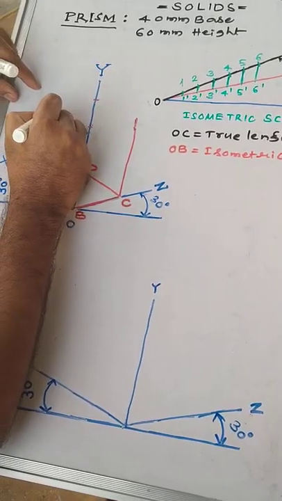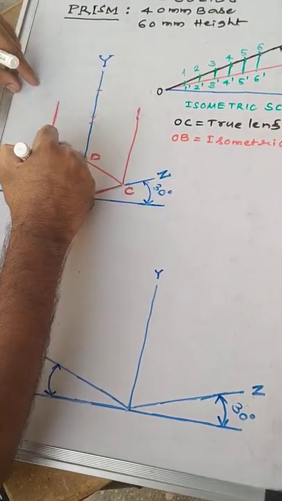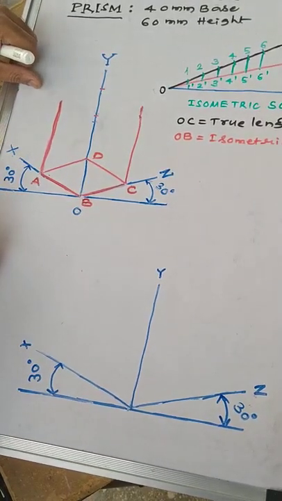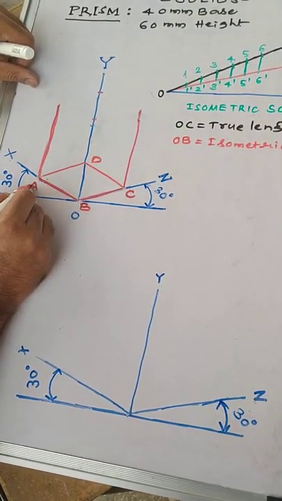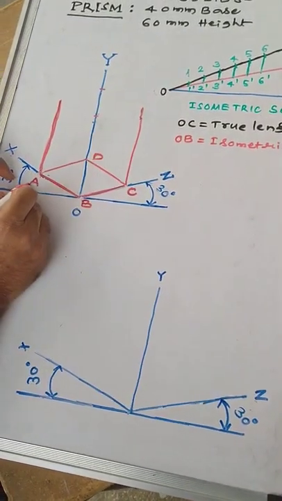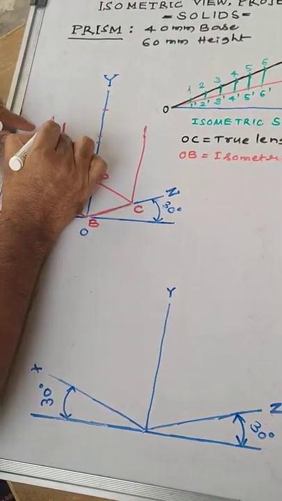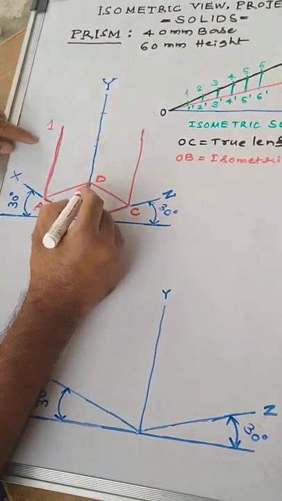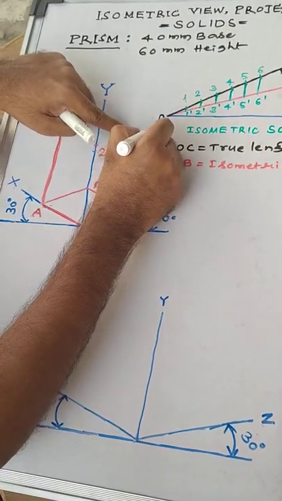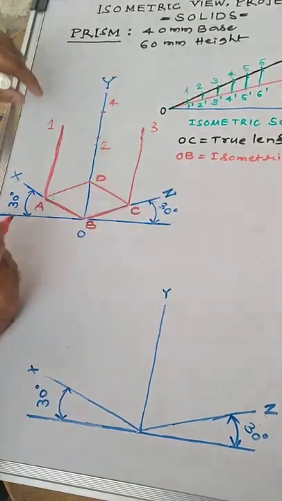What is this length? 0 to 6 dash, the isometric projection length. Now this A point is going to be opposite to the base, naming it as 1. B point 2, C point 3, D point 4.